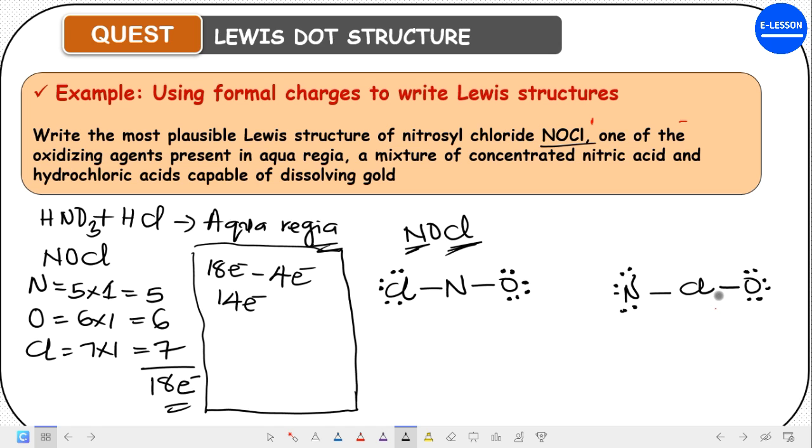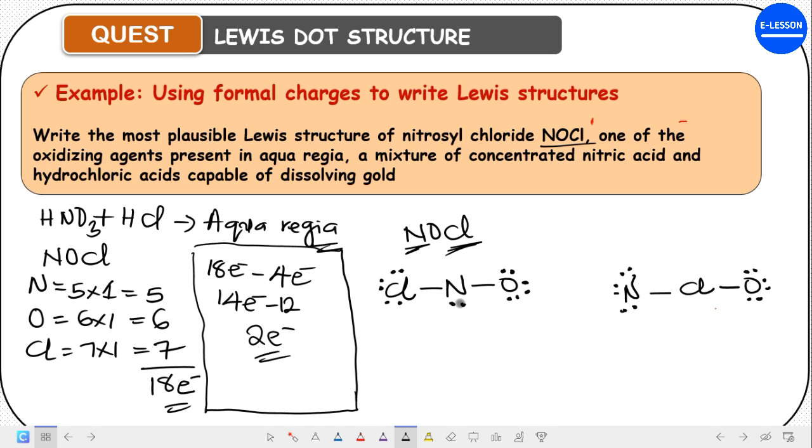Now, look at nitrogen very well, and then let's calculate. How many have we used? 6 here and 6 there. 6 plus 6 is 12, so we've removed 12 electrons. So total how many is left? 2 electrons. Then you put the 2 electrons here.